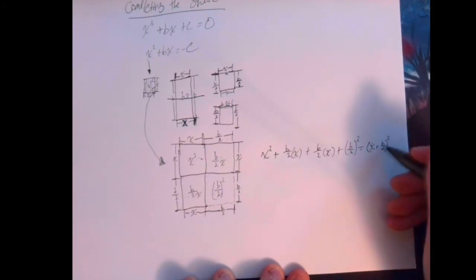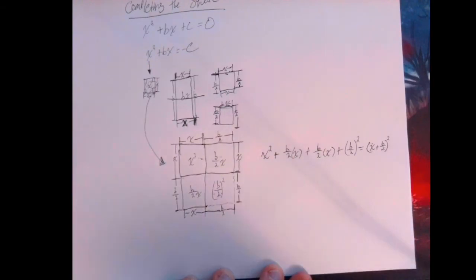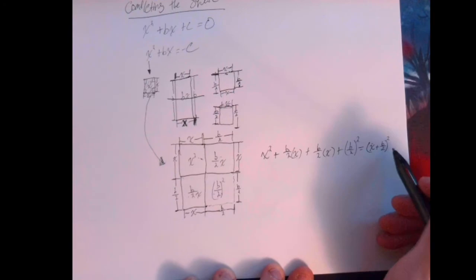Because it's x plus b over 2 multiplied by itself, so x plus b over 2 times x plus b over 2, and we can write that as x plus b over 2 squared.